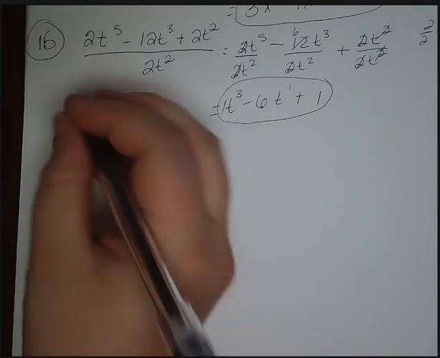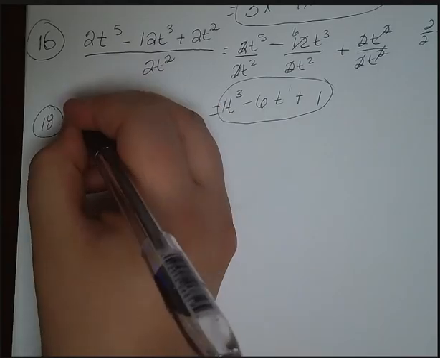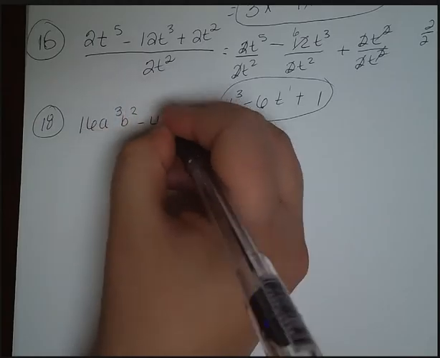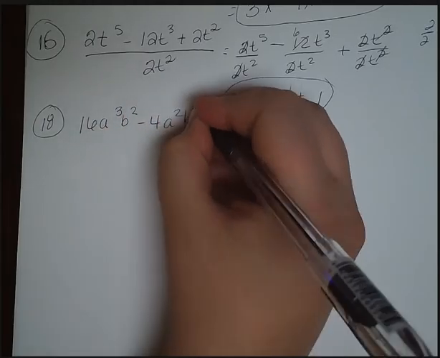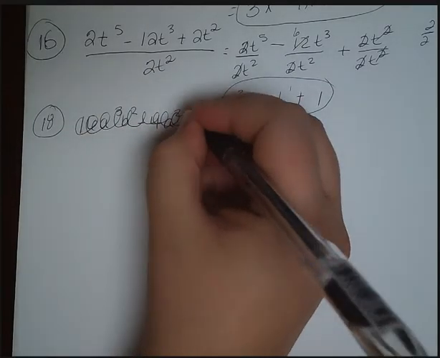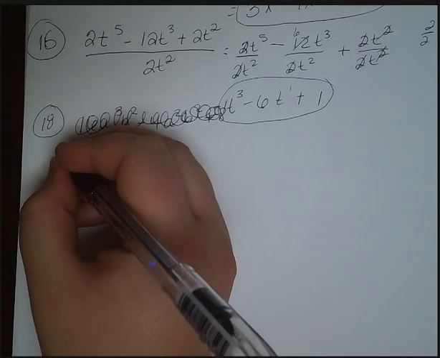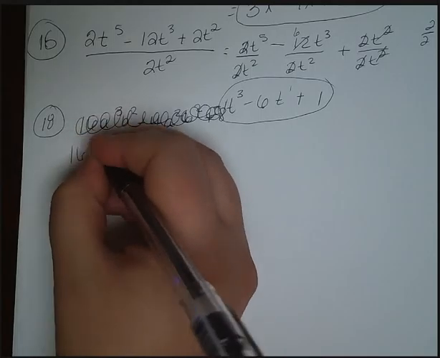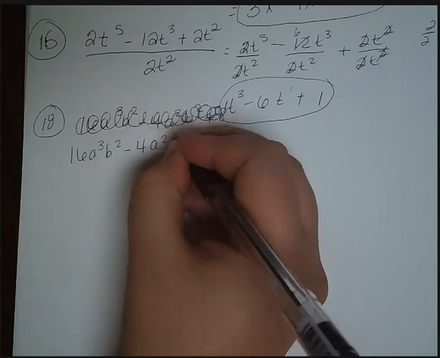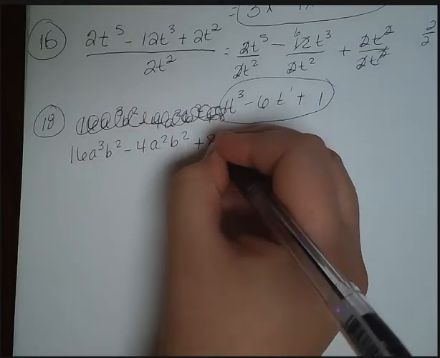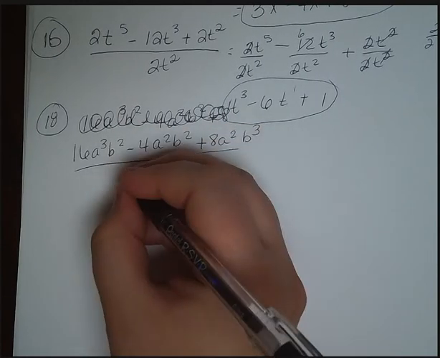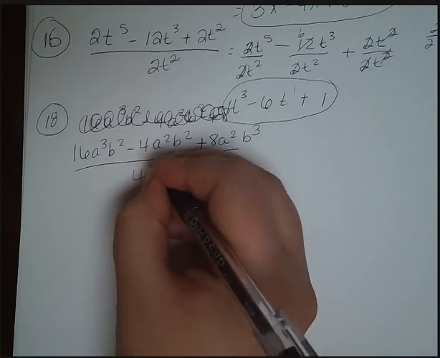Problem number 18. I've got 16a to the third b squared minus 4a squared b squared plus, oh no, sorry guys, let me try that one more time. 16a to the third b squared minus 4a squared b squared plus 8a squared b to the third over 4a squared b squared.